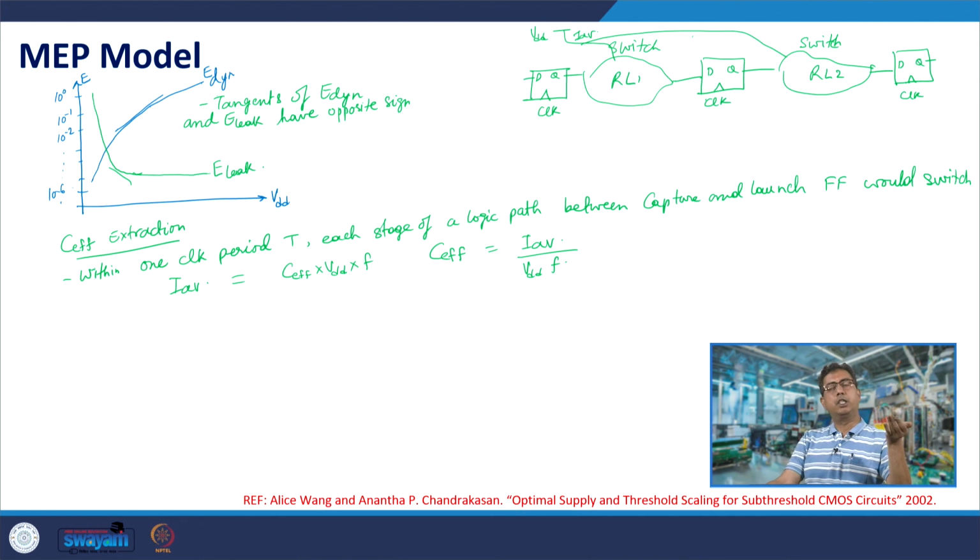You would charge and discharge all the capacitances with a frequency which is proportional to the clock frequency, and therefore, you would write the effective capacitance as average current divided by VDD into frequency. So, you are assuming that all the capacitances are getting charged to VDD and discharged. Taken together it is like an effective capacitance.